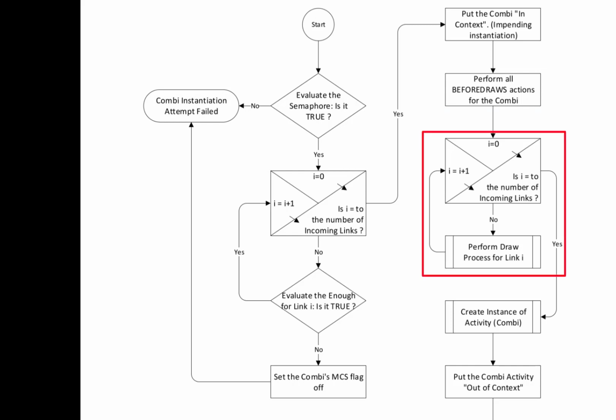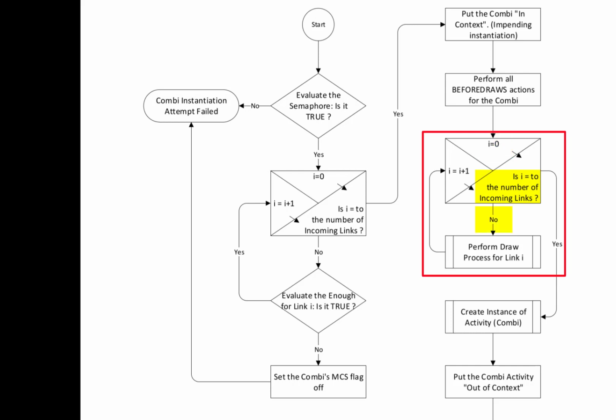After that, Stroboscope starts another loop by which it draws resources for each preceding link I. This loop again uses counter I. Initially I is set to 0 and it is compared to the number of incoming links.